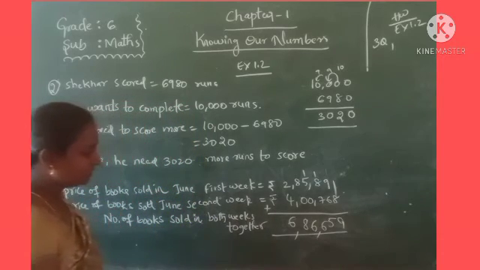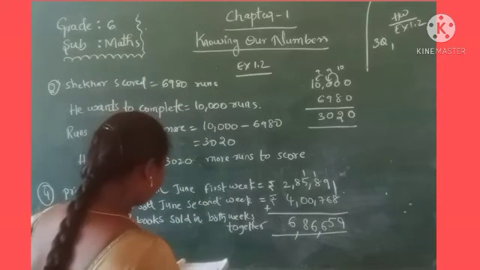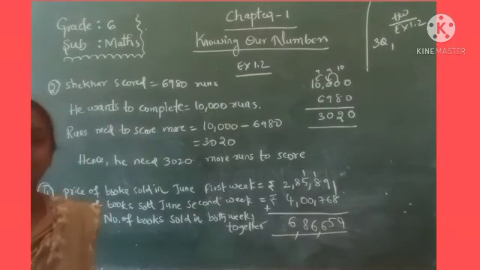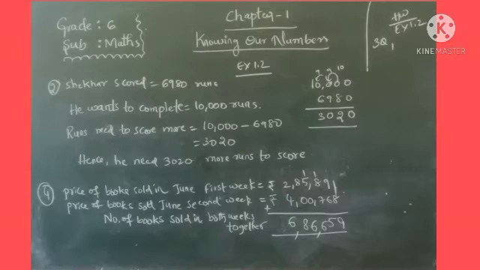6,86,659 rupees. Okay, now we have to find which week has the highest sale of books. So that is how much cost she got in the 2 weeks. So how to do that? By comparing, right?